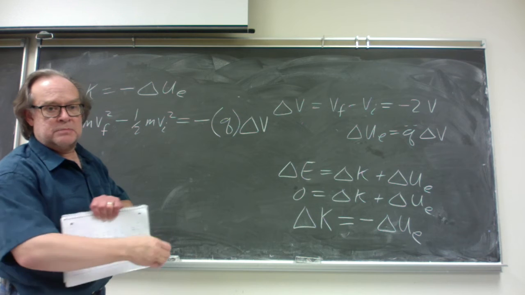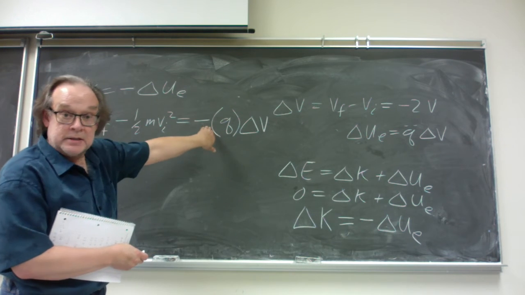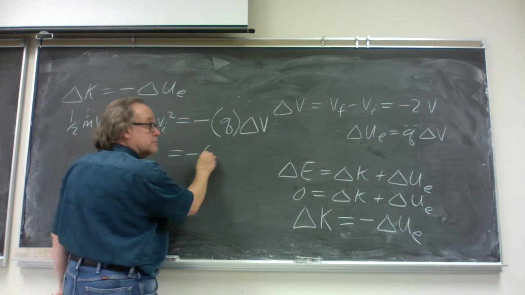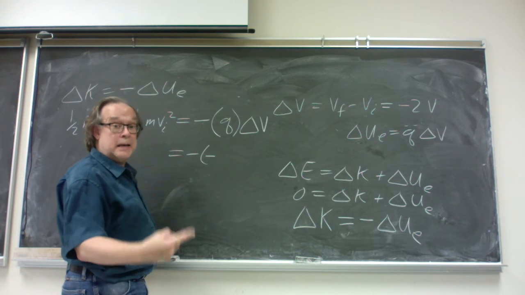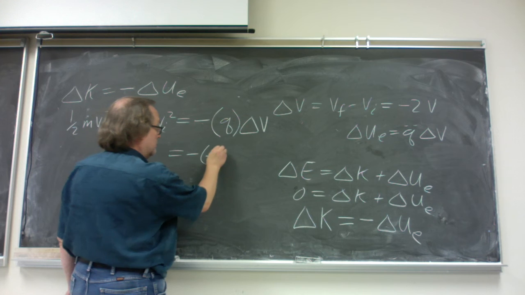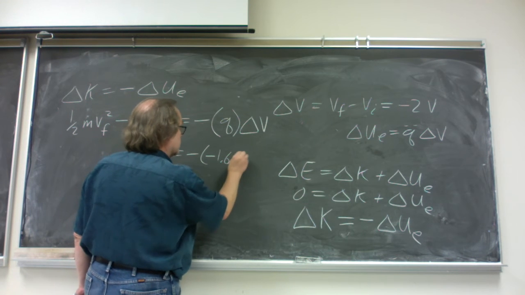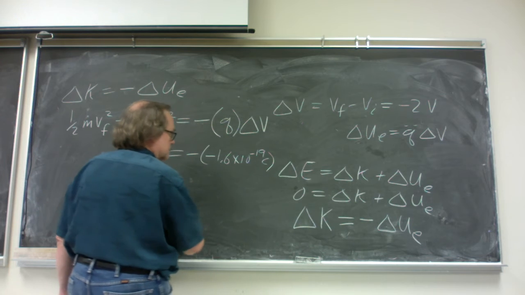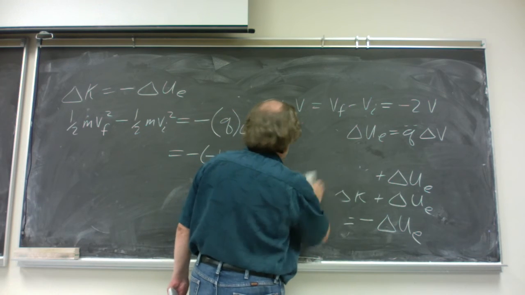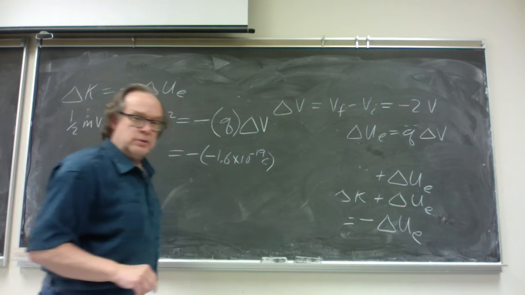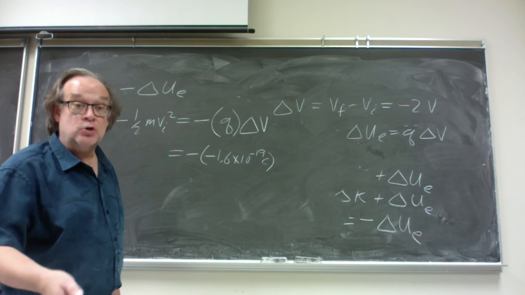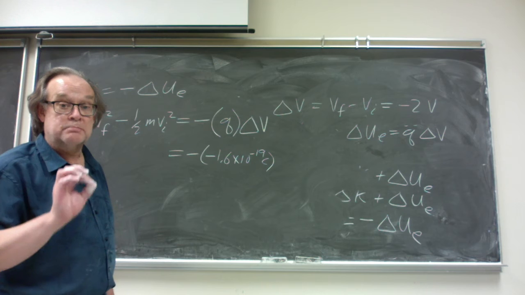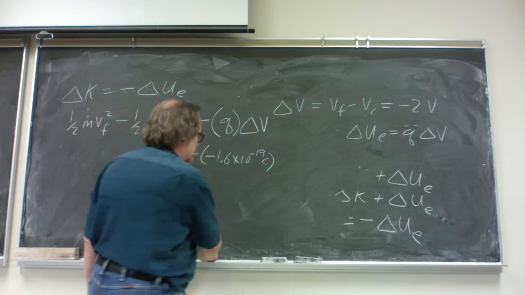Well, let's just calculate the value of the right-hand side here. -1 times the charge, which is minus. Don't forget the minus signs. They matter. 1.6 times 10 to the minus 19 coulombs times the change in potential, which is a decrease of 2 volts. The change in potential, as we saw a minute ago, was -2 volts.